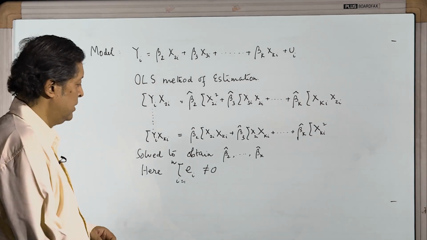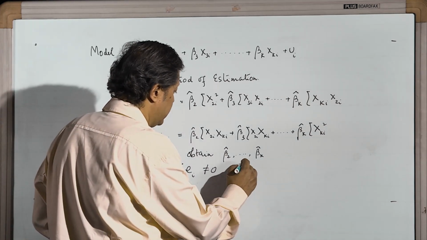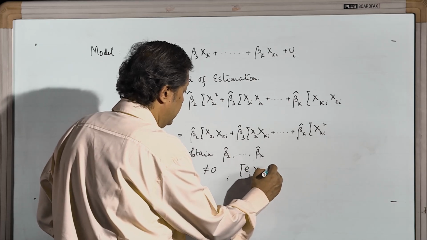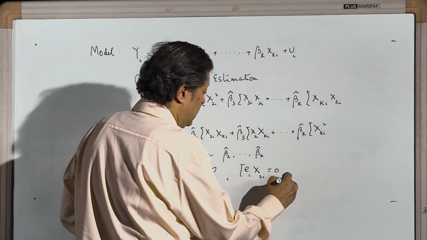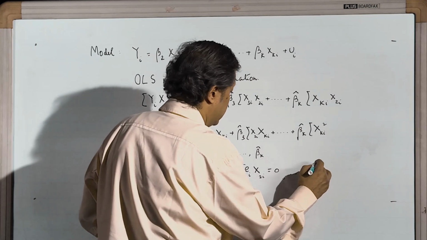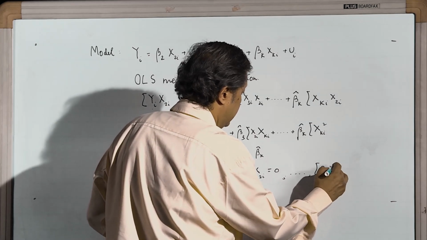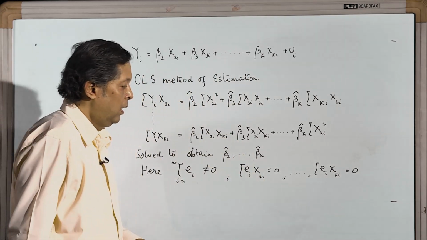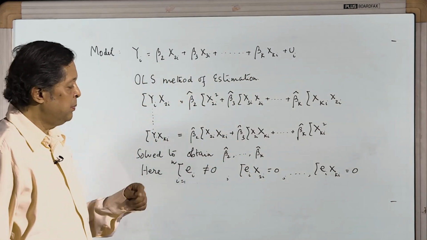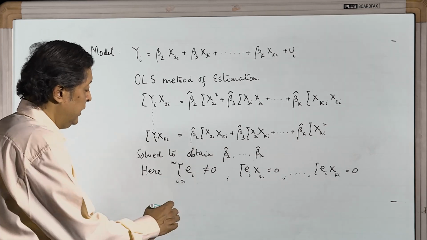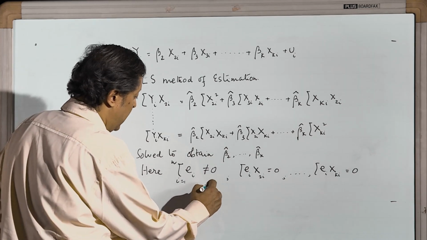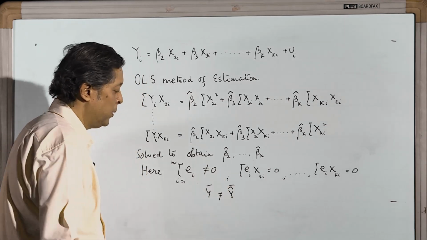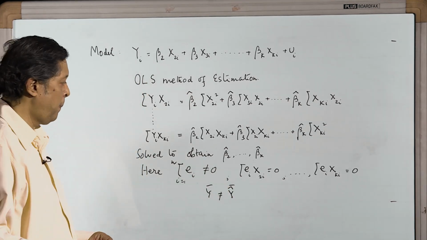The others are still valid, that means summation e_i x_2i is equal to 0 right up to summation e_i x_ki is equal to 0. So, in this model we cannot say that y bar is equal to y hat bar. This property no longer holds.